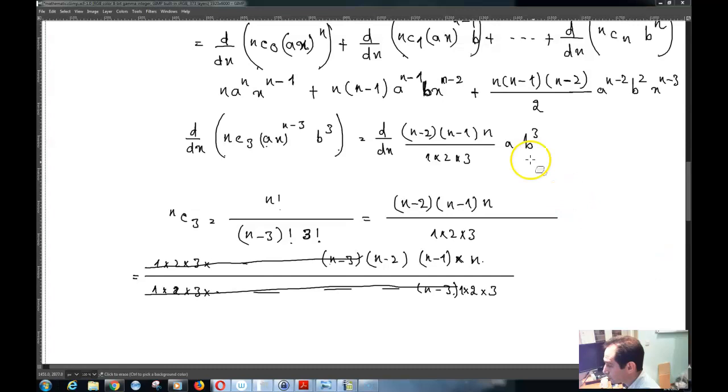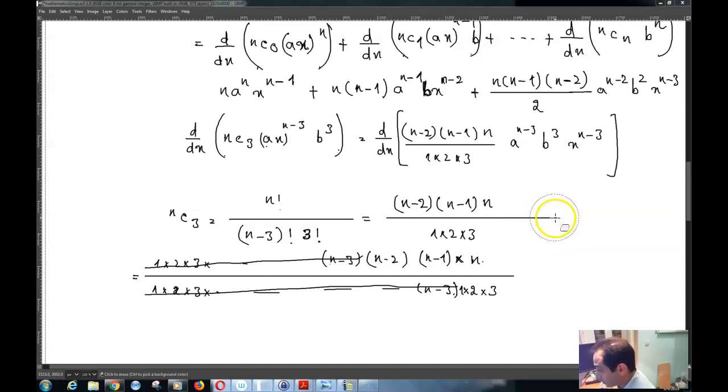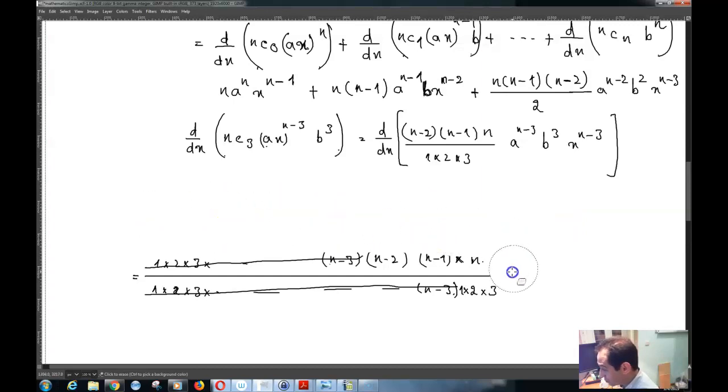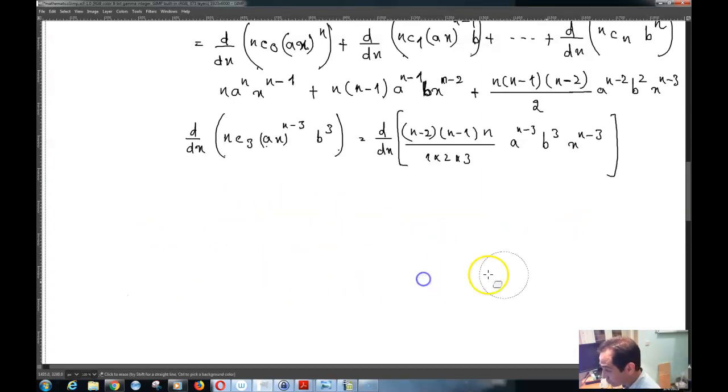So this would give you a raised to the power n minus 3, b raised to the power 3, and x raised to the power n minus 3. You want to take the derivative of this over here. Again, all of these are constants, so you don't need to bother about these.